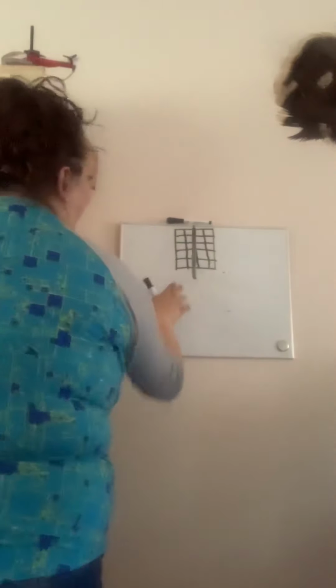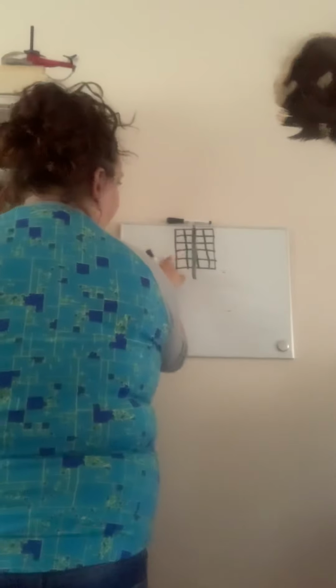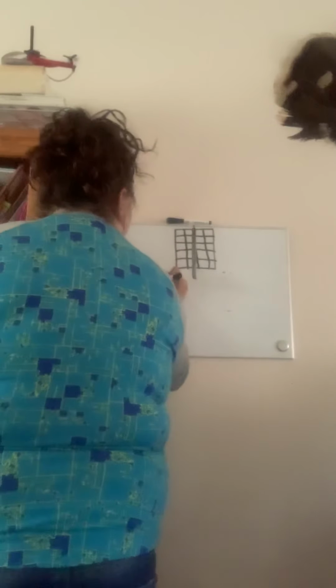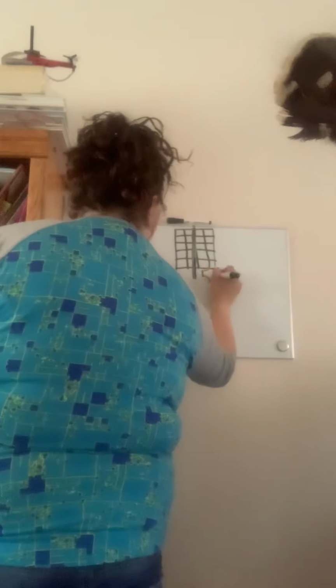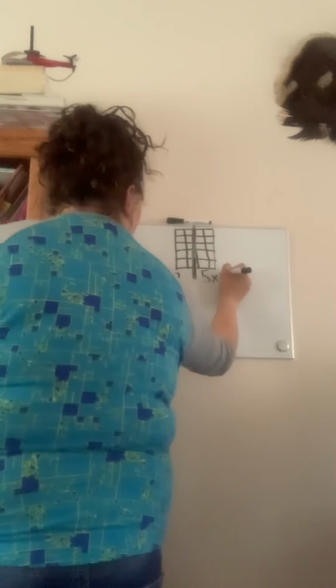If I cut it in half right here, I have 1, 2, 3, 4, 5 rows. And I have 2 in this row. 5 times 2. And then here I have 5 rows and 2 in this row.